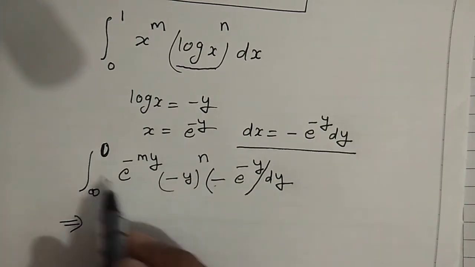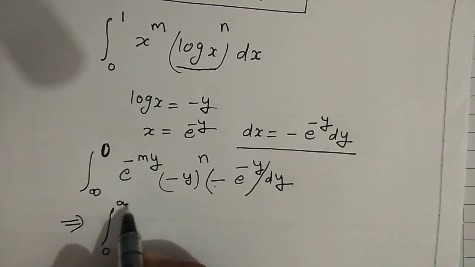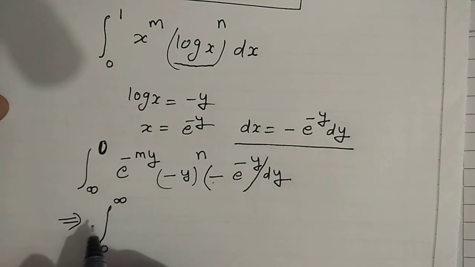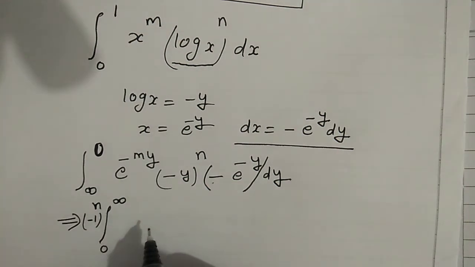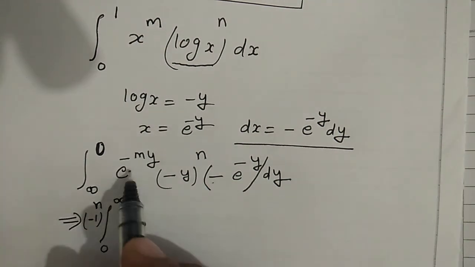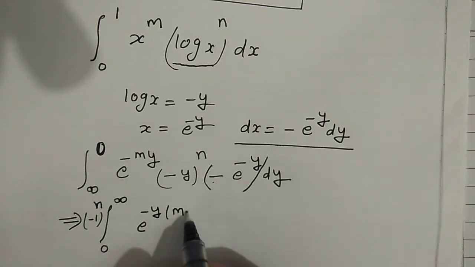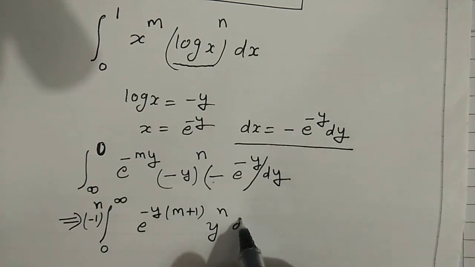This minus can compensate if you change the limits of integration to 0 to infinity. Minus 1 power n can be taken common, and e power minus y can be combined, so we get e power minus (m plus 1)y, y power n dy.